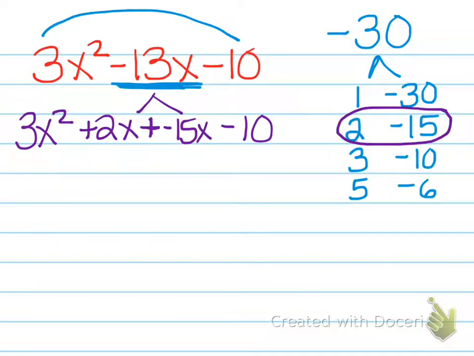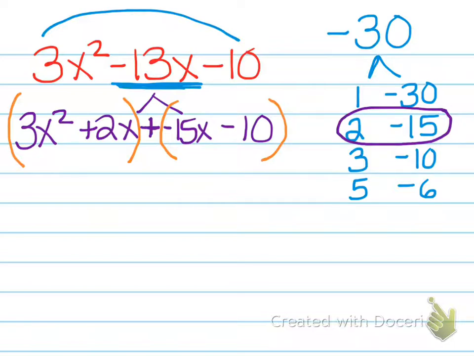So now I'm going to group those two terms, and I'm going to group negative 15x and minus 10. If you don't do that, it won't work, and then you'll feel like it's not factorable when it really could be factorable. Okay, so you have to have a plus sign right here in between your two groupings. Do you remember the next step?